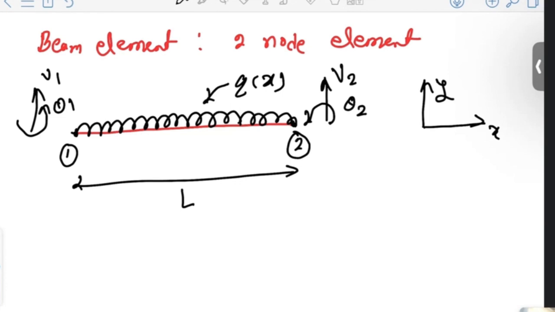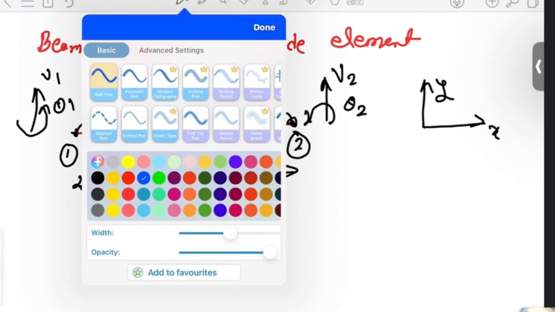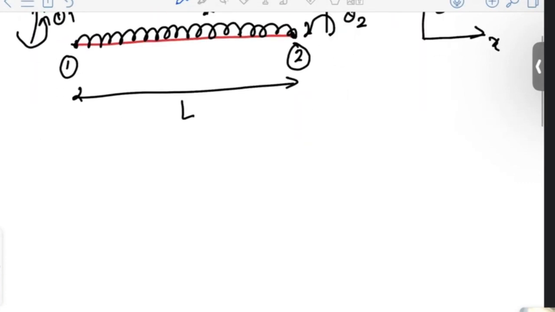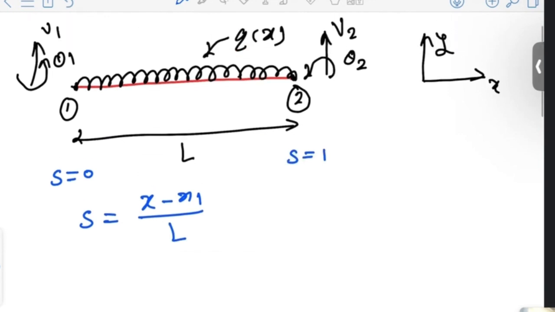Initially we were discussing isoparametric mapping. So what I'm going to do here is convert this beam so that s equals 0 here and s equals 1 here. So what will s be? s equals (x minus x1) by L, where x is the coordinate in the x direction.